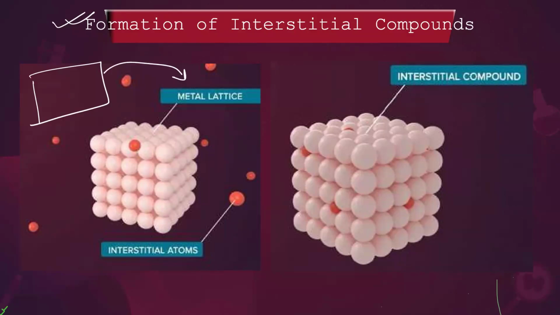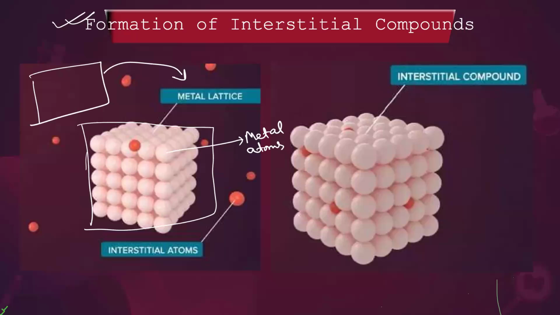Okay, look, this whole thing is one metal lattice. These white balls you see, these are metal atoms. When these are arranged in a regular manner, there is a gap. You can see this gap, this is the gap. This gap is called your interstitial site.